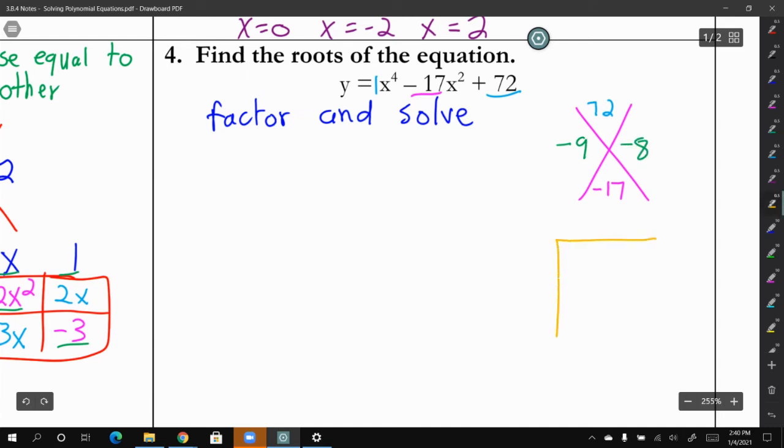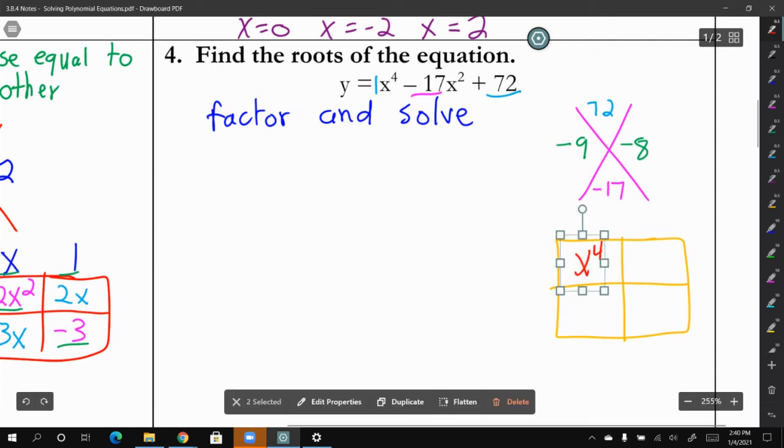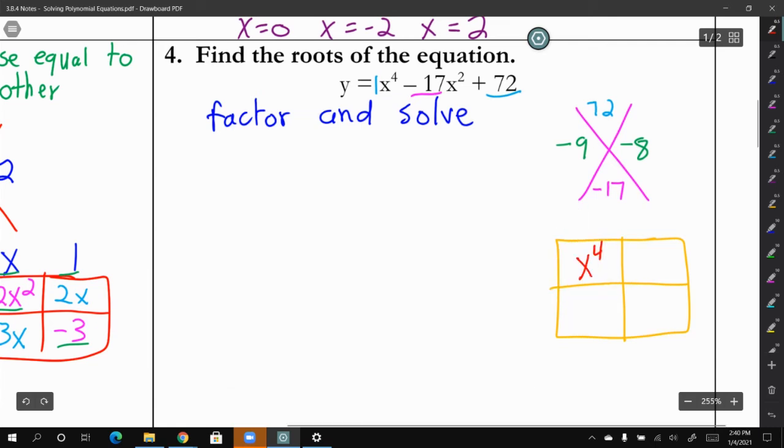So then we'll make our box, and x to the 4th goes in the upper left, and 72 goes in the lower right, and then negative 8x squared and negative 9x squared. And like always, you can flip those two, the two that I have in green right here.